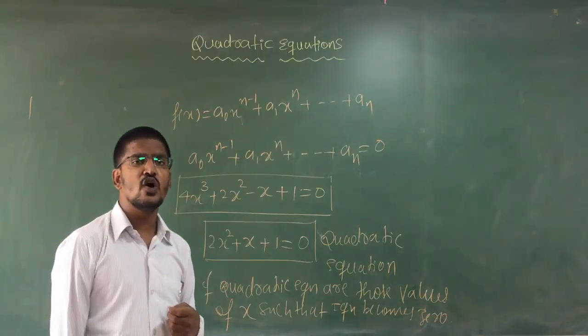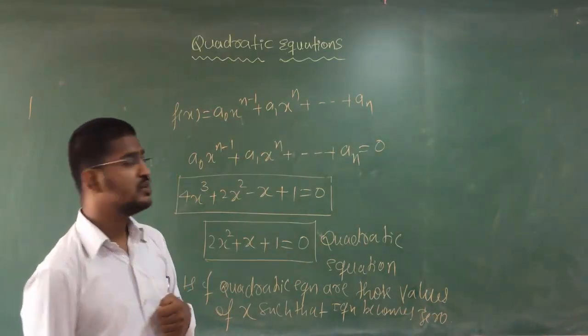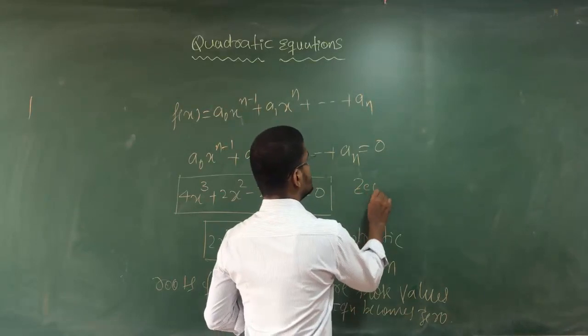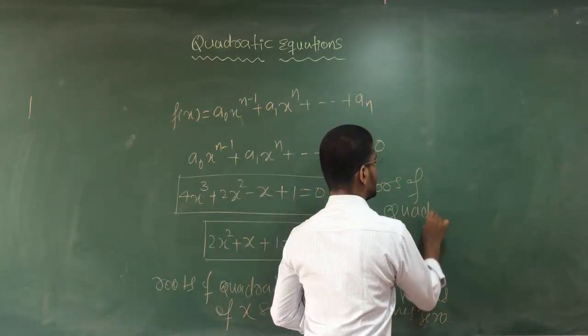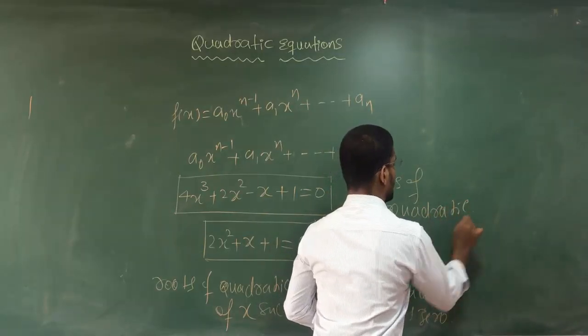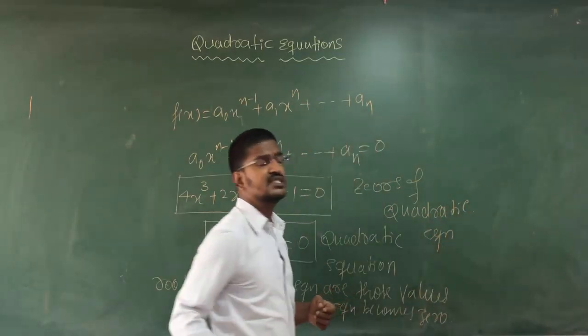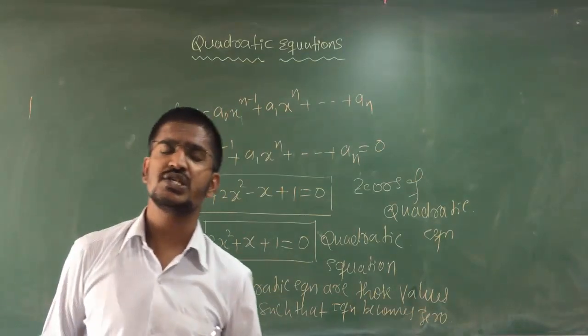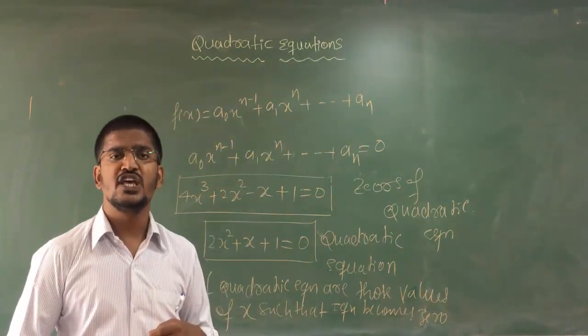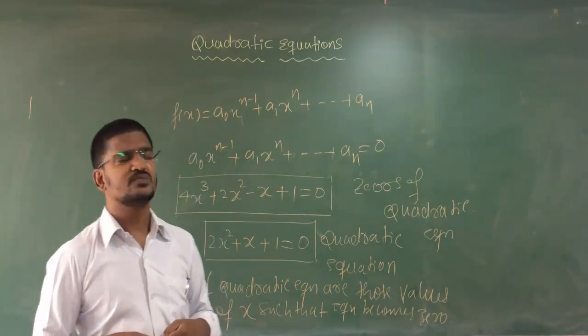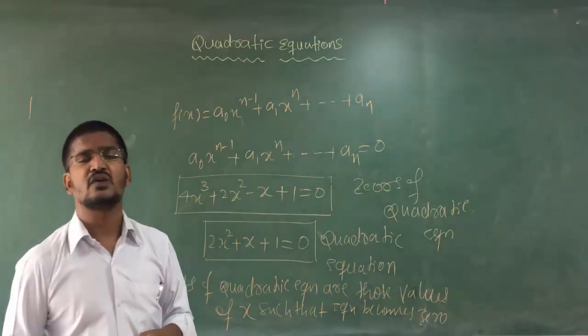Those things are also called the zeros of the quadratic equation. Roots and zeros are both the same terms used for this quadratic equation.